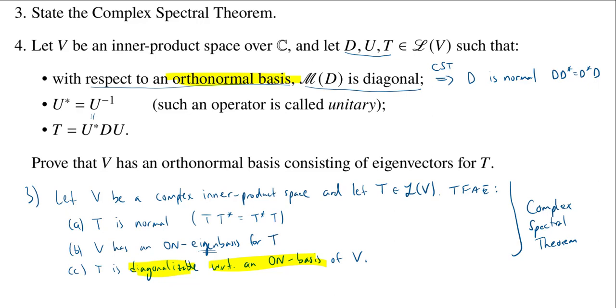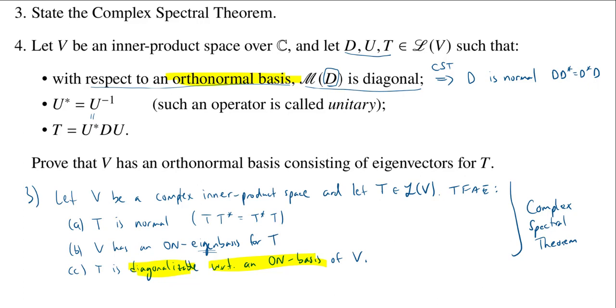So it now asks us to prove that V has an orthonormal basis consisting of eigenvectors for T. We know already that it has an orthonormal basis consisting of eigenvectors for D. But now we want them for T. By the complex spectral theorem, in order to know that we have an orthonormal basis of eigenvectors, so an orthonormal eigenbasis, it's enough to show that T is normal.